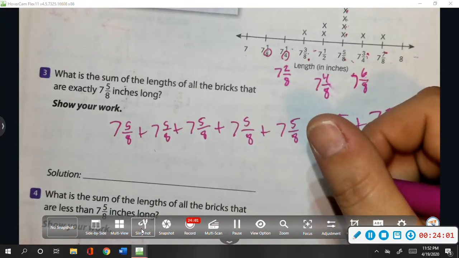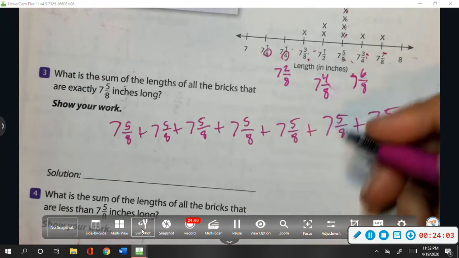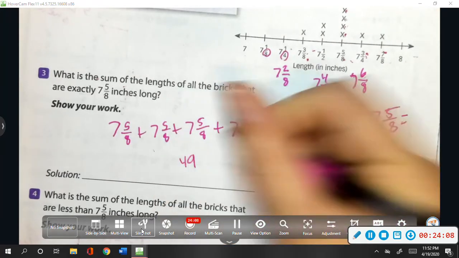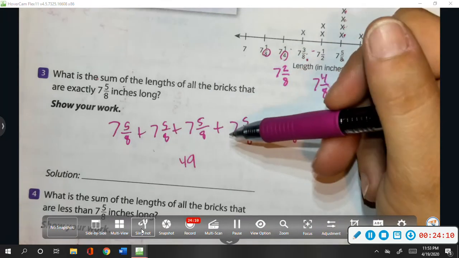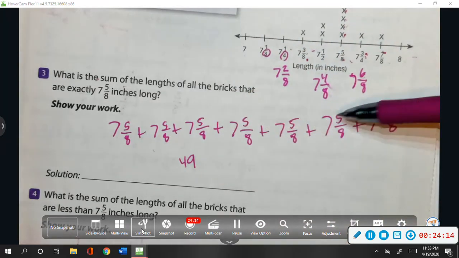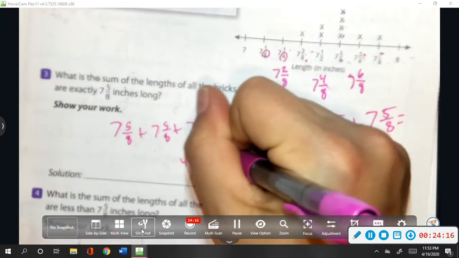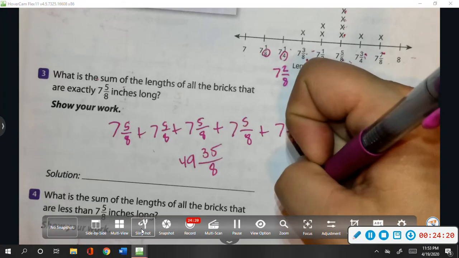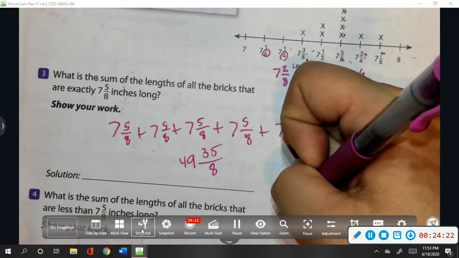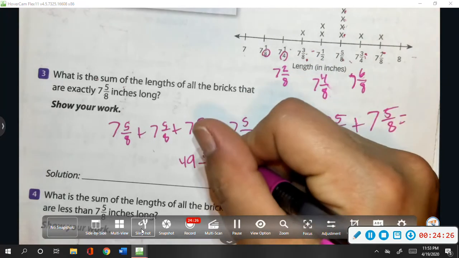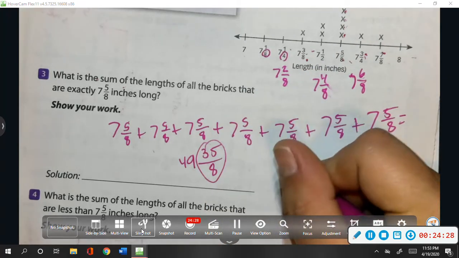Adding all the 7s together is 49. And then we add up all of our 5s. That's 5, 10, 15, 20, 25, 30, 35. Denominator doesn't change. And then we just turn that into a mixed number to pull out our improper fraction.